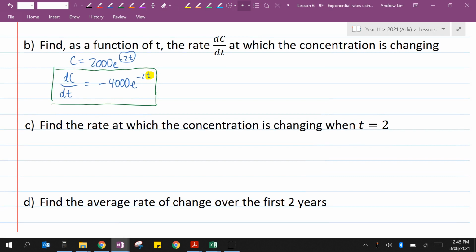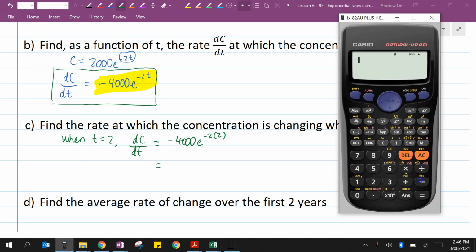So when t is equal to 2, dc dt, the rate at which the concentration is changing with respect to time, is going to equal negative 4000 e to the minus 2 times 2. Okay, I'm using the formula up here because that's the rate. Okay, so let's put that in our calculators.